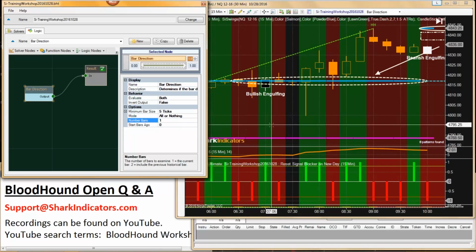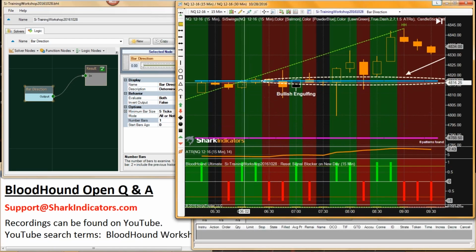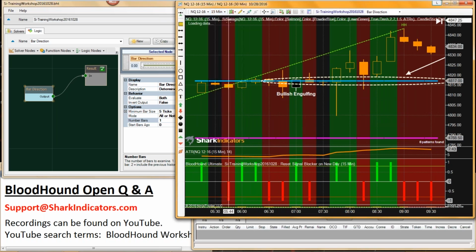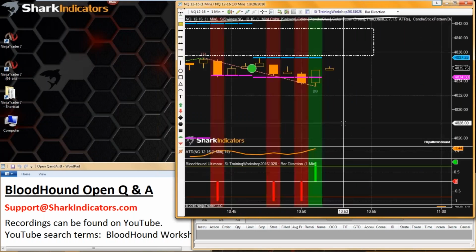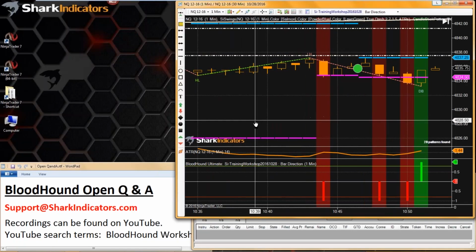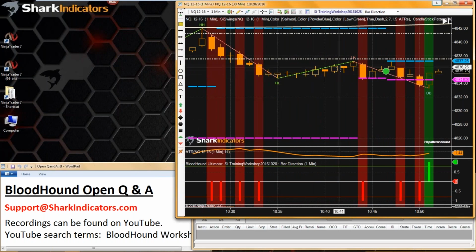Oh yeah, I'm looking at 15-minute bars, so these will all have pretty big bodies. Let's go down to a 1 minute. There we go. 1 minute bars. So those bodies are going to be smaller than 5 ticks.